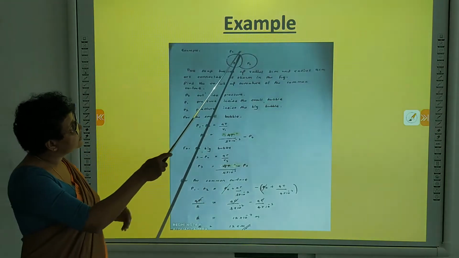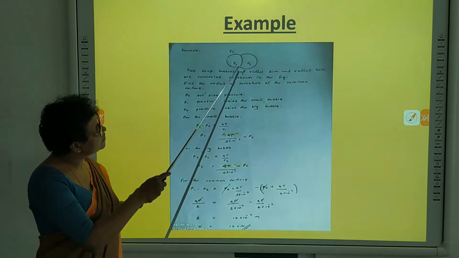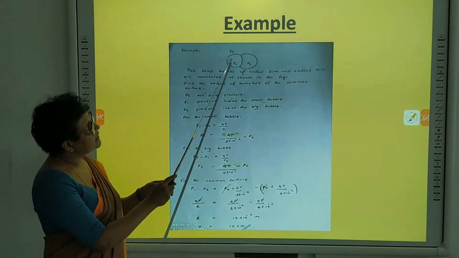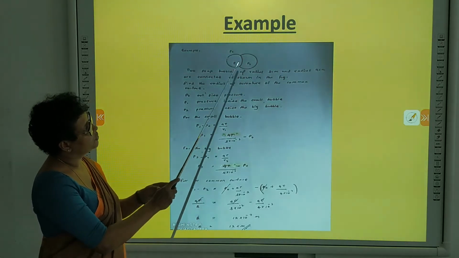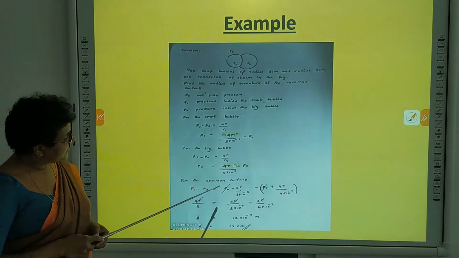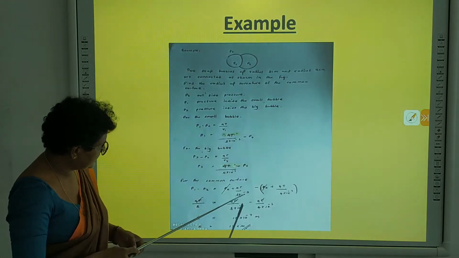Now for the common surface, you want to find its curvature. So we apply this equation across these two. Now P1 minus P2 equals this much.